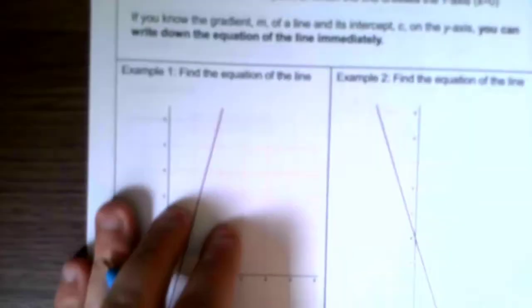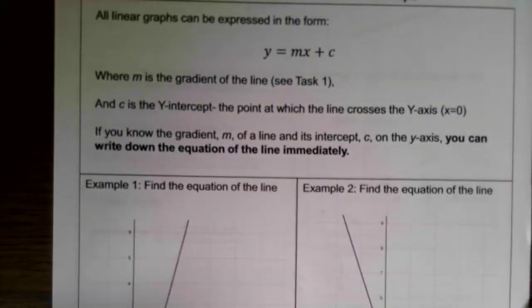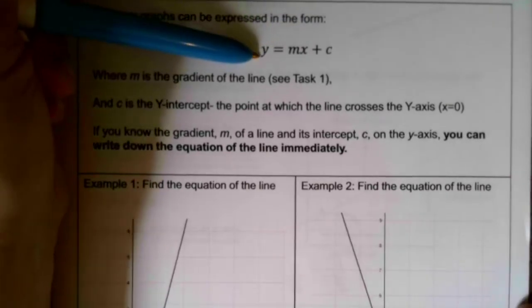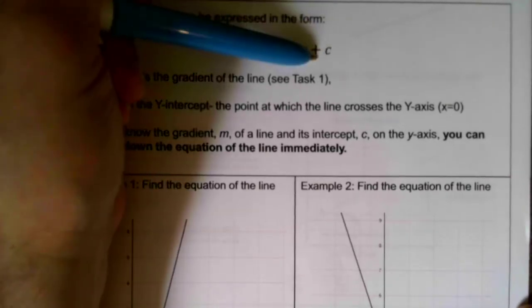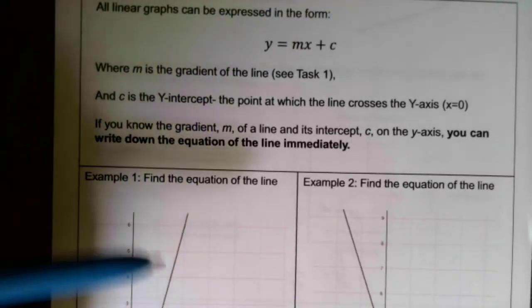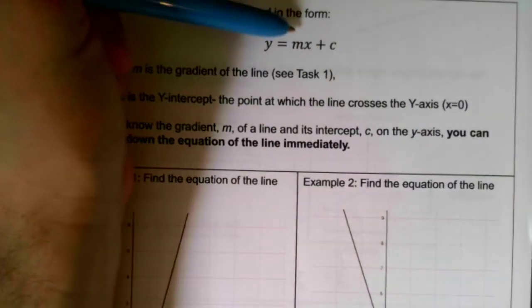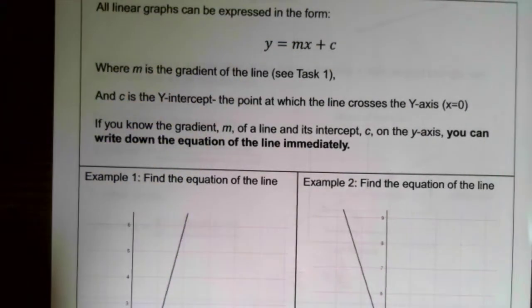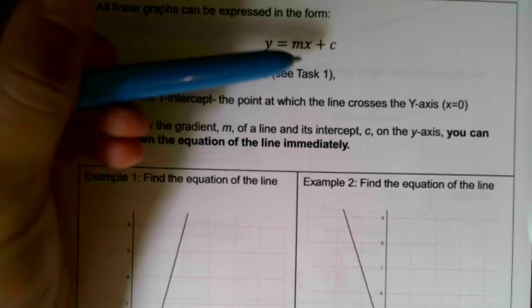Okay, let's look at some actual lines now, and I'll show you how you can find any of these equations given that information. So remember, linear graphs are in the form y equals mx plus c. m is our gradient, so once we've found the gradient, we can just substitute in that value for m. And c is the y-intercept.